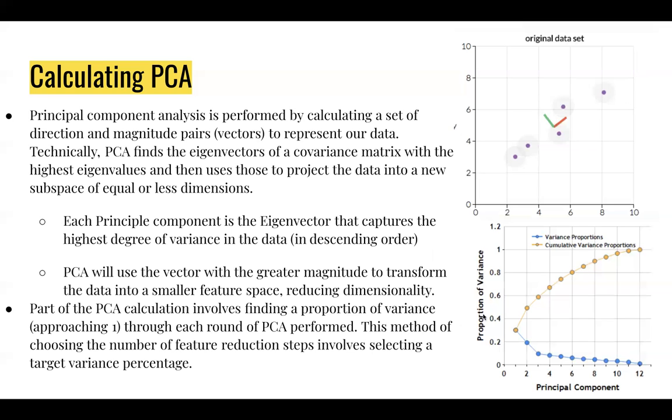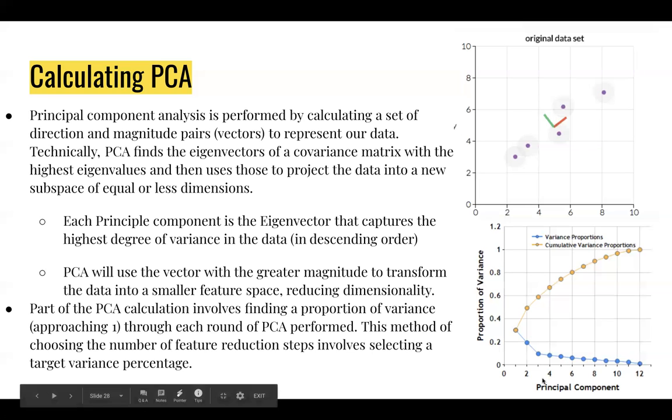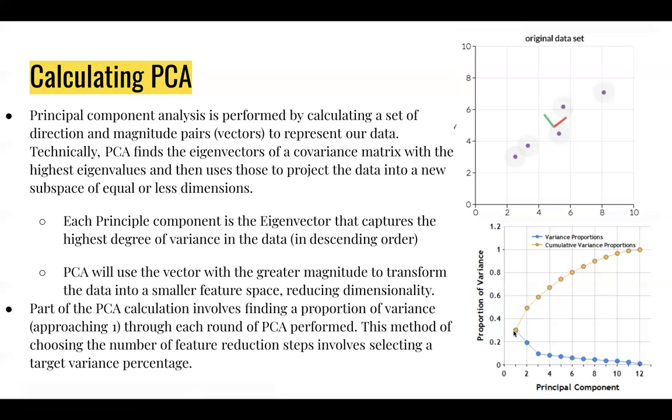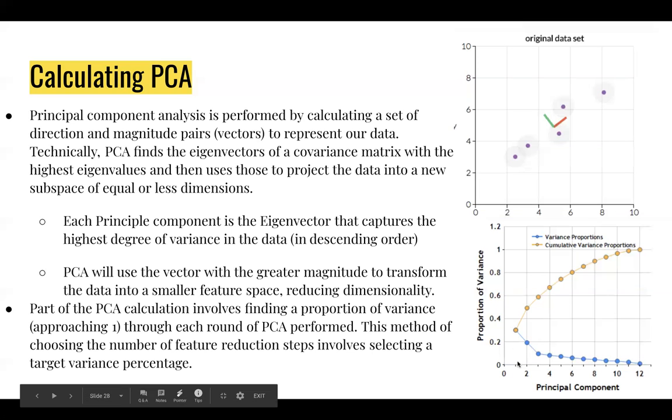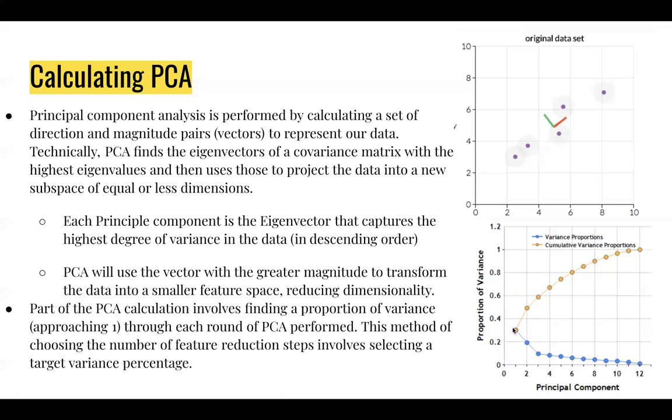You can see a mapping here: proportion of variance and principal components. As an example, in this particular data set, if you take just the first principal component, you can capture about 30% of your variance.